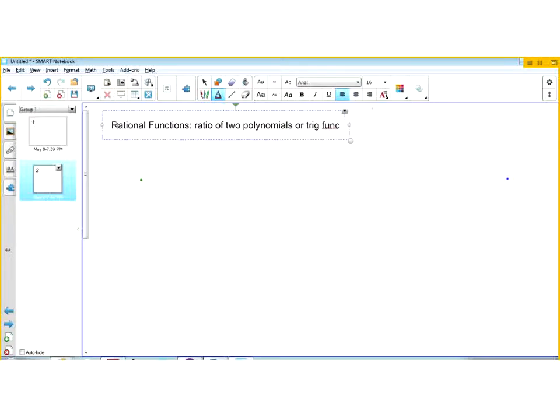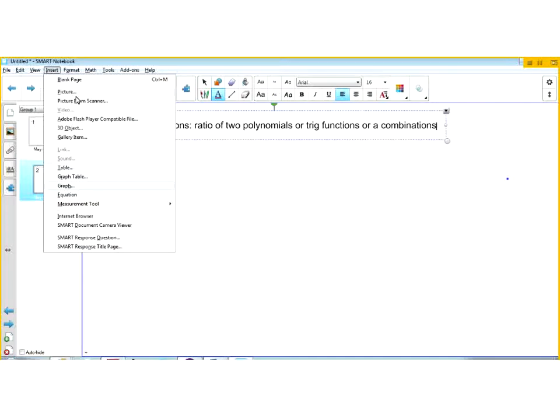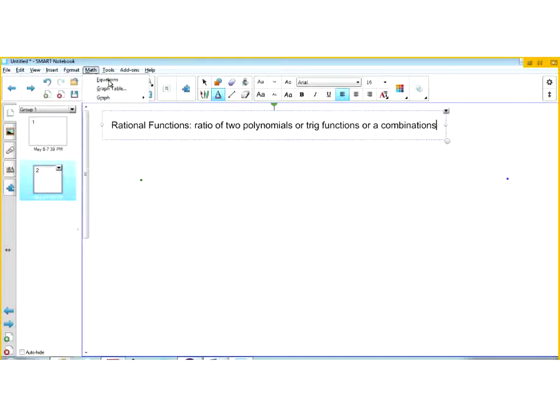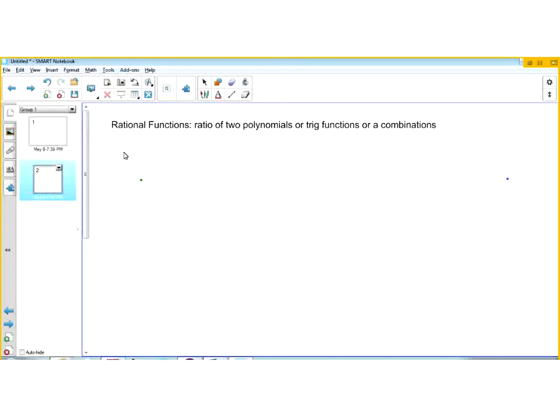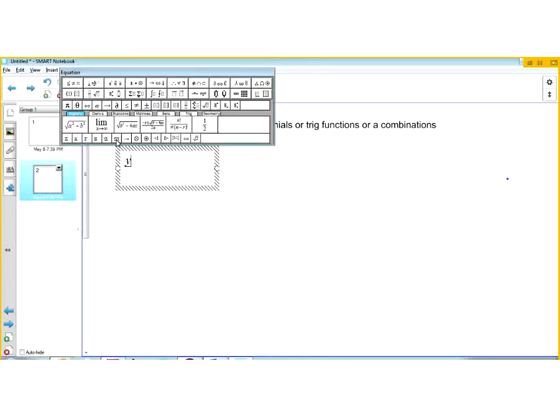All right, say, or trig functions, or a combination, right? So basically a rational function will be delineated as y, which is equal to f of x, which is equal to a ratio of two quantities in x, right?